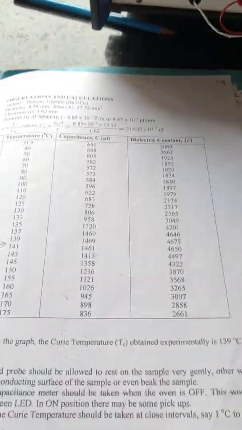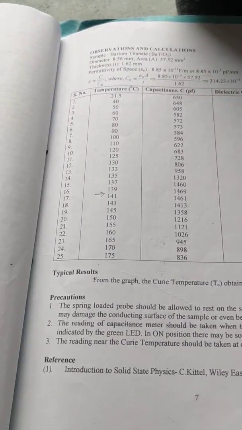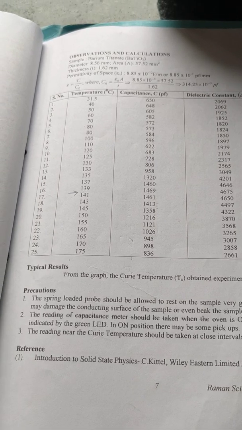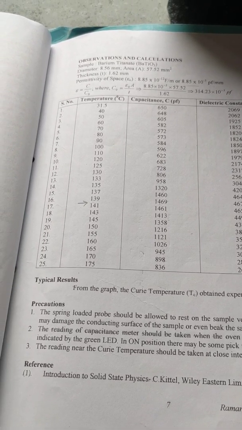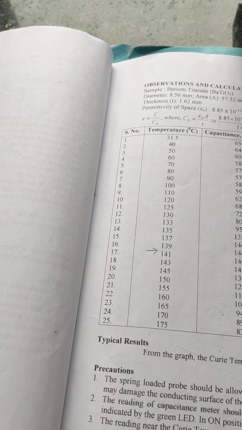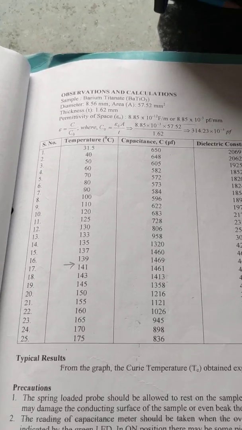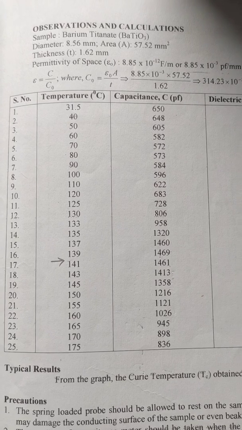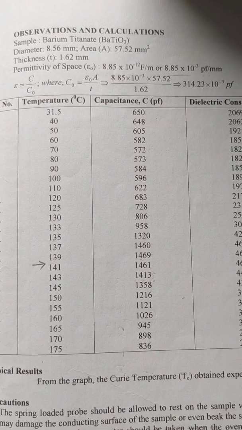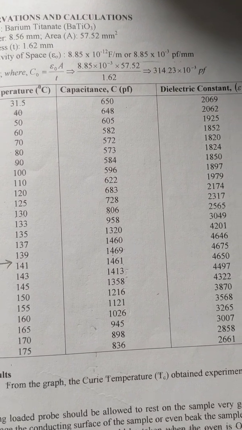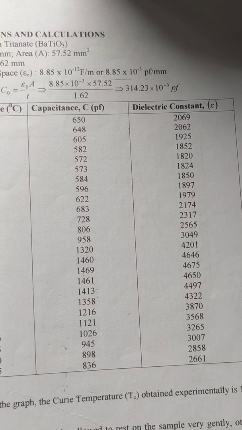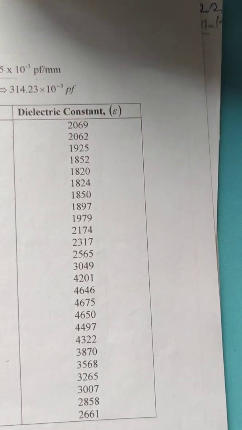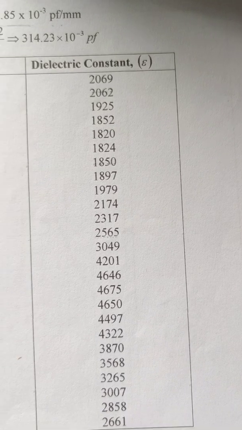Now how to tabulate the readings of temperature, capacitance and dielectric constant? Make the table like this: serial number, temperature in degree centigrade, capacitance in picofarad, and dielectric constant epsilon.